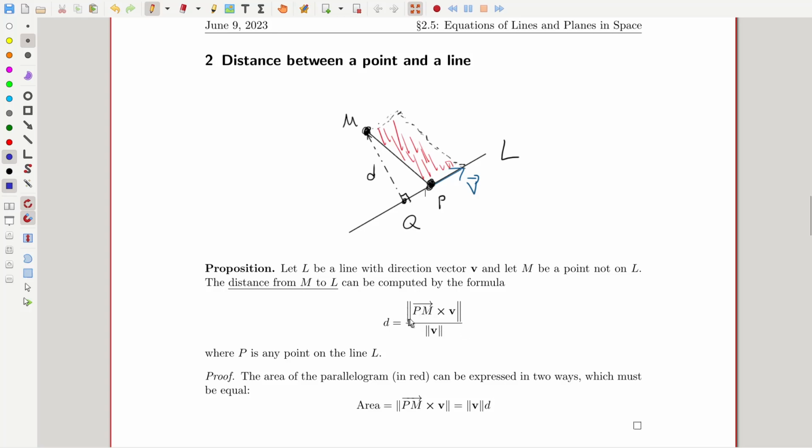We need to take the magnitude of the cross product divided by the magnitude of v. Okay, and P can be any point on the line. So basically you can just pick a point on the line that's convenient, either convenient to see it lies on the line or maybe convenient to do the computation in.